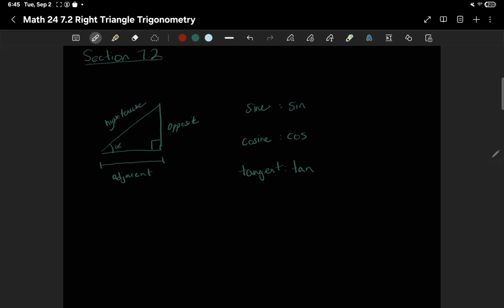With respect to the angle alpha, sine of alpha is the proportion of how large the opposite side is over how large the hypotenuse is.